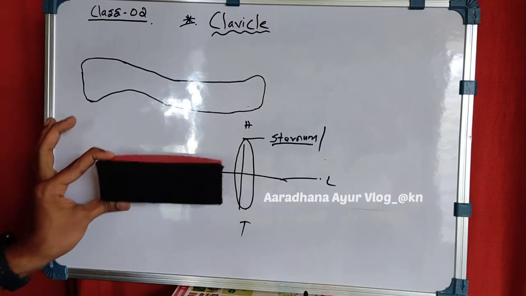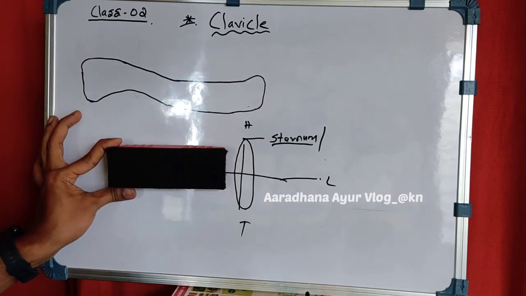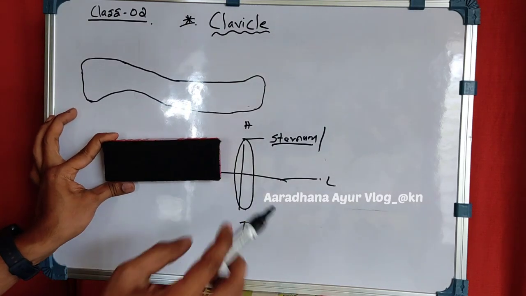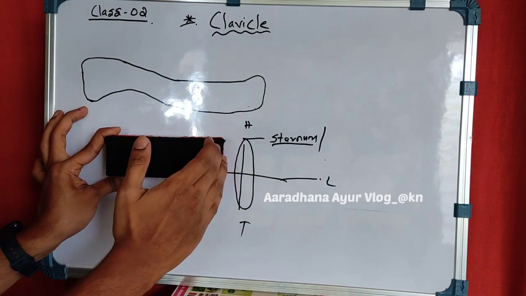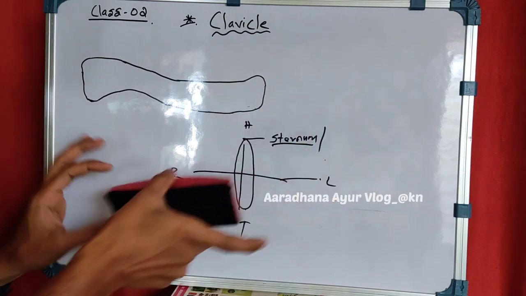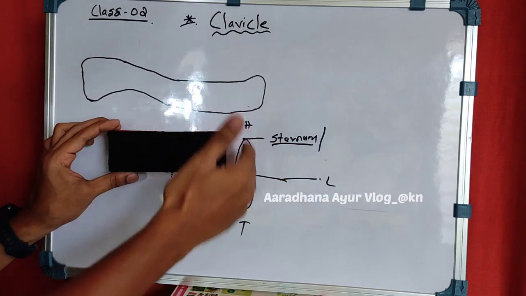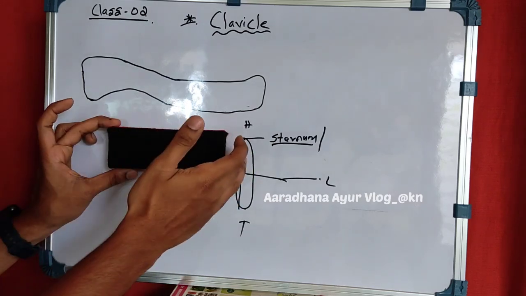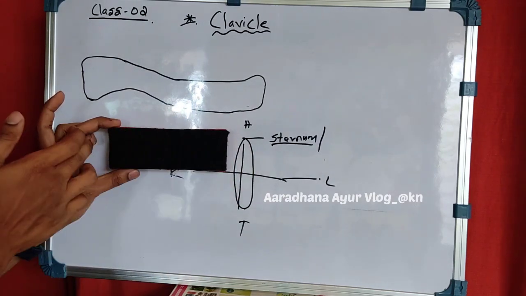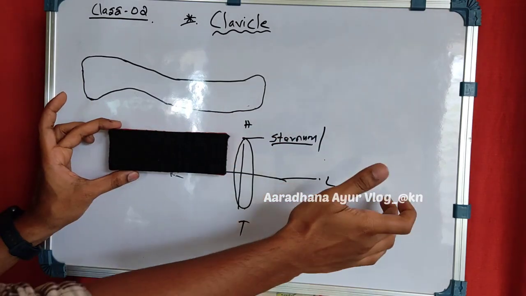So consider this as a sternum and this as one part of the body, or one part of the object or organ. This is the right side and this is the left side.